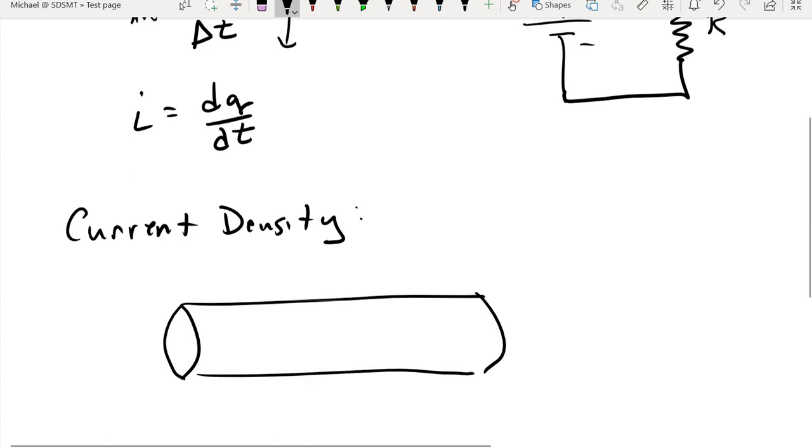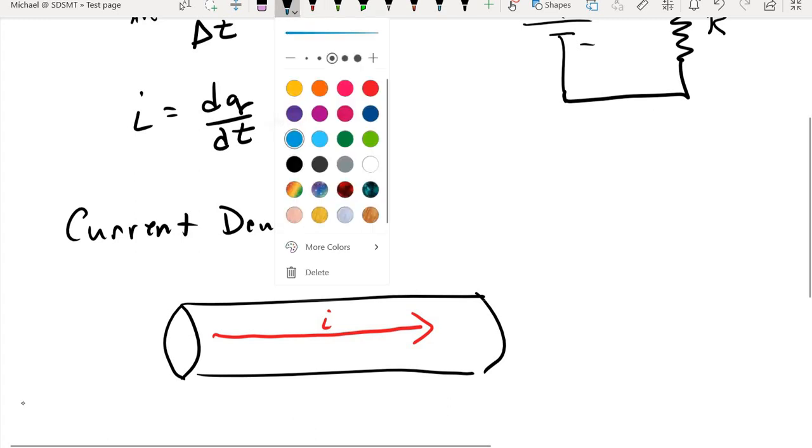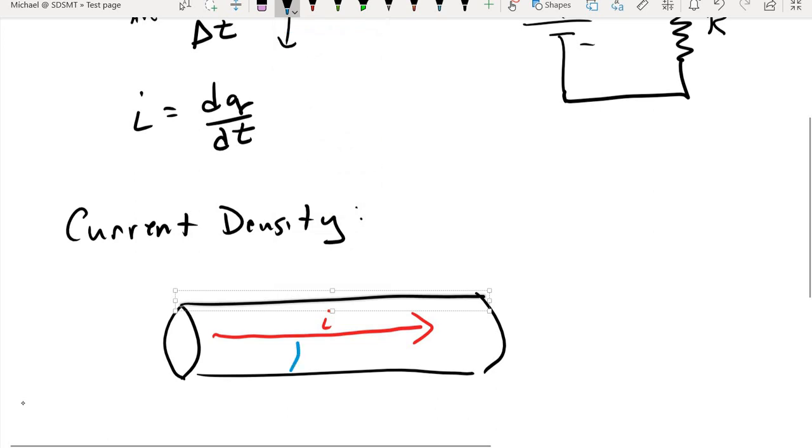what we really need to do is we need to know how much current is passing through our conducting material at any given point. And for that, what we do is we look at the cross-sectional area of our conducting material, which, as we know by now, can be represented as a vector.